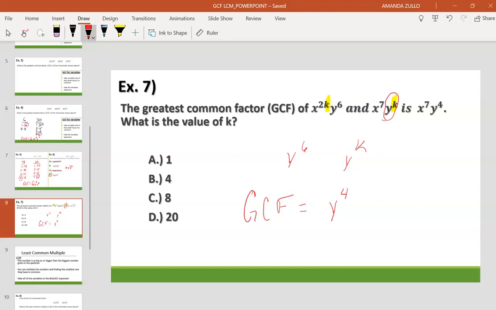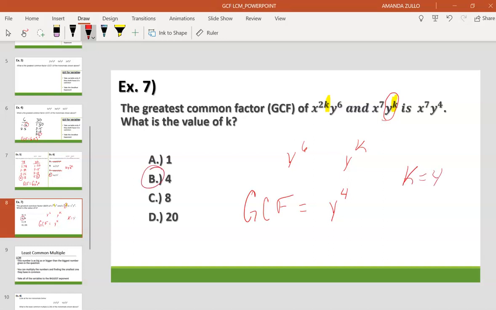So if our GCF is y to the 4th power, I guess 4 was the smallest exponent. We have a 6 here and a k here. We don't know what k is, but we do. We know it's 4. Because if you're taking the smallest exponent for your greatest common factor, and it's telling us that the smallest exponent there is 4, well, there's your greatest common factor. There's your missing k. So k is equal to 4.